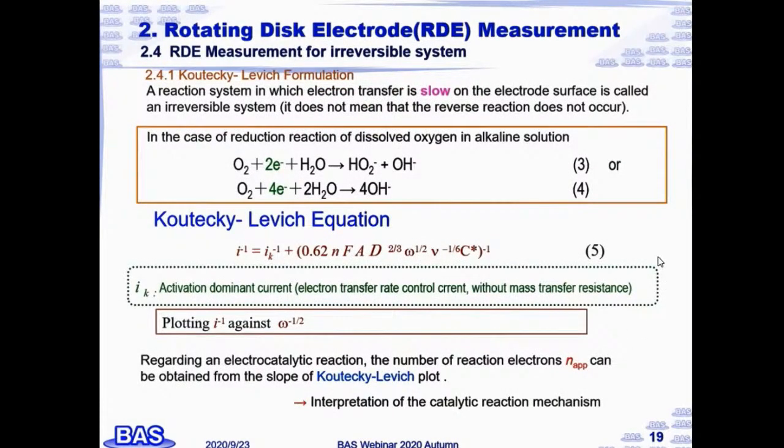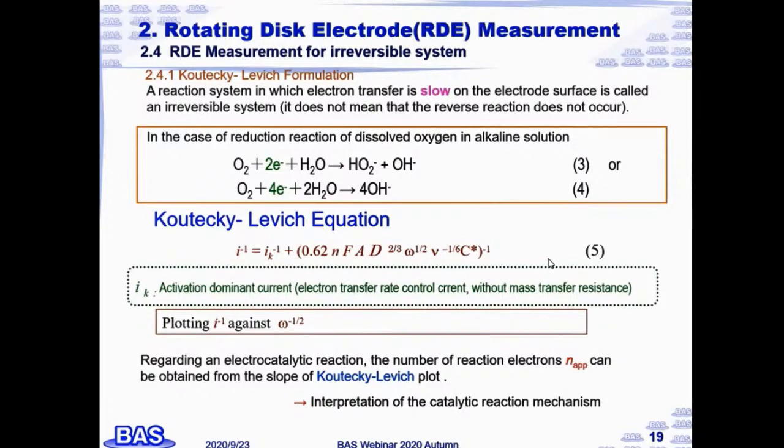A reaction system in which electron transfer occurs slowly on the electrode surface is called an irreversible system. A typical reaction is oxygen reduction. In an alkaline solution, oxygen undergoes a 2 or 4 electron reaction, depending on the electrode material.